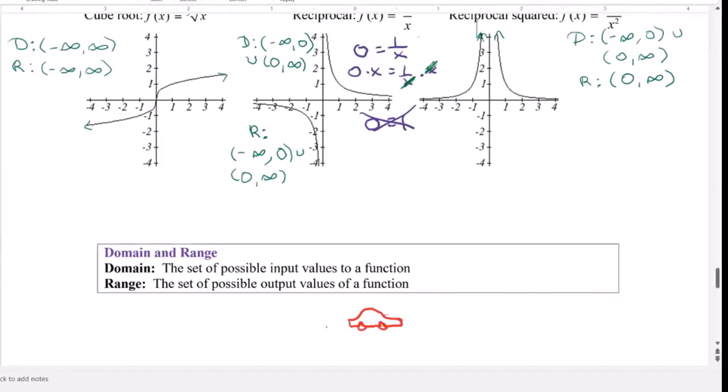And we're going to input something and we're going to output something. So we want to know what the set of all the possible inputs are that I can put into my car. If you were just talking about the car itself, what could you put in?